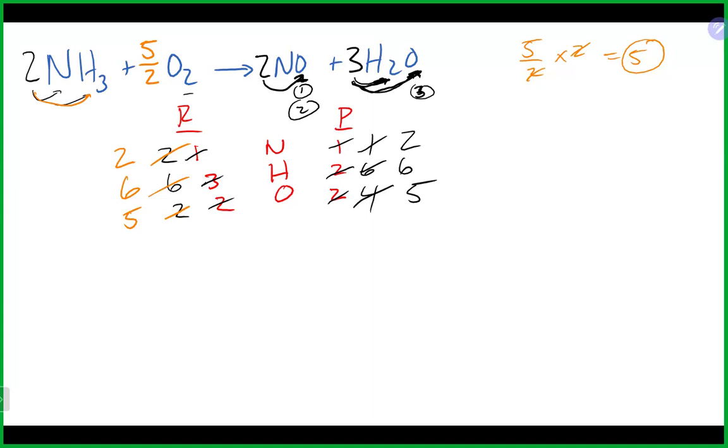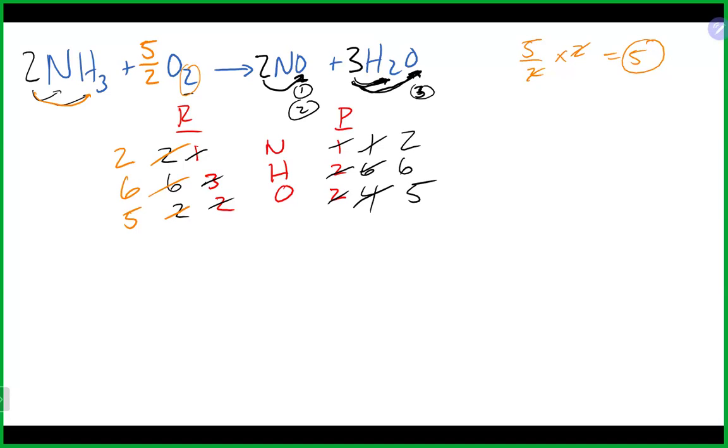So this is a good illustration that sometimes you may actually need to use a fraction to balance the equation to get the right number that you need, because there's nothing you can multiply a whole number by 2 to get a 5, right? There's no way to do that. So the only way that we could actually get a 5 on that side is to use a fraction.